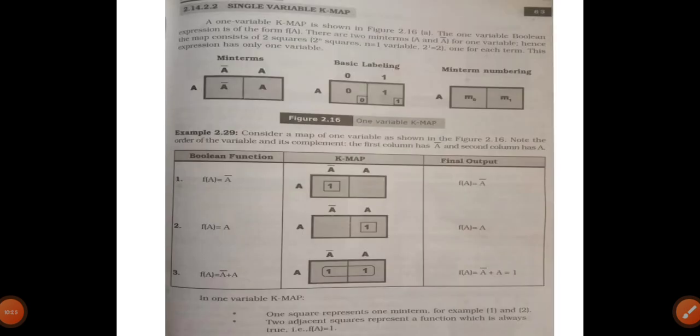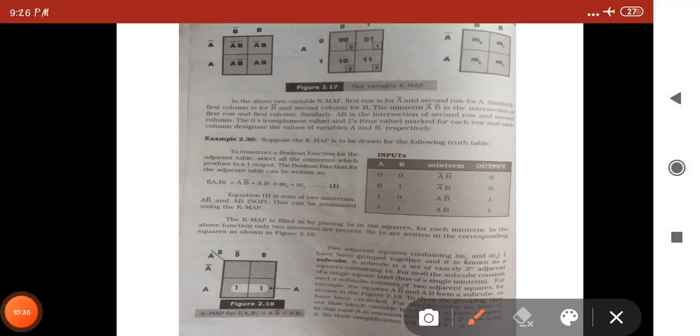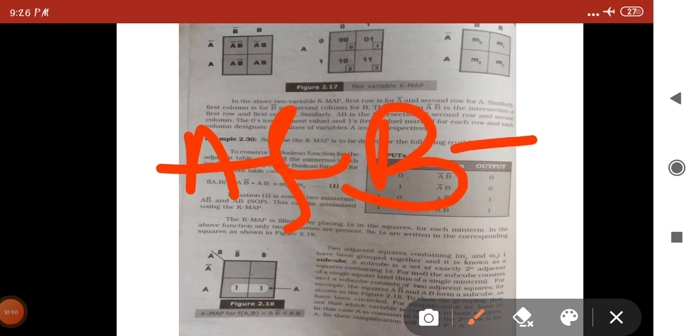Yes, next. Can we use two variables? How can we use them? A and B are the two variables.